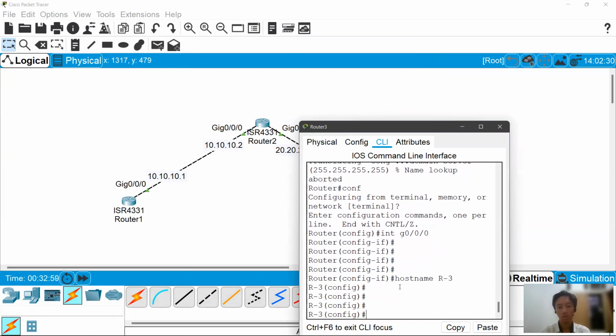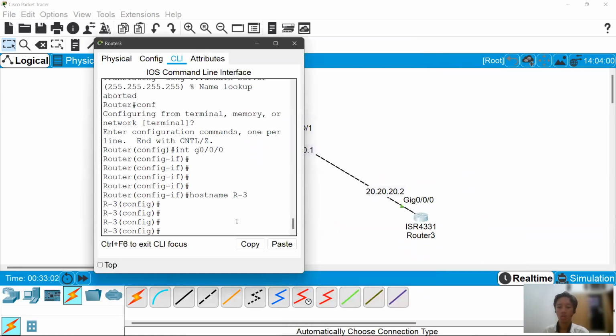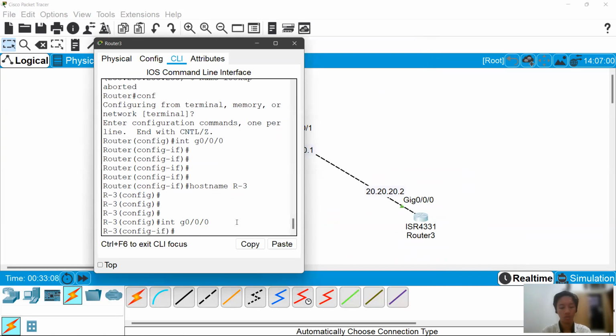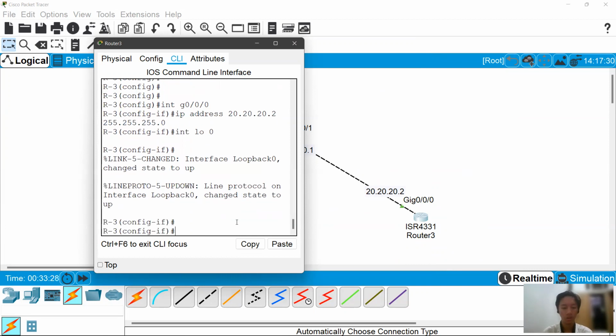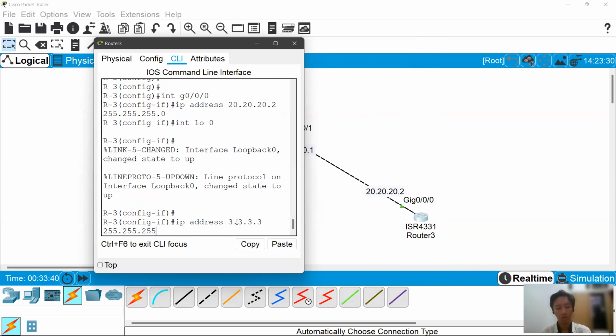Okay, in router 3 we configure the IP in interface G0/0/0 IP address 20.20.20.2, and don't forget to put the subnet mask, and don't forget to use the IP loopback to make it easier, and don't forget to put the IP address also 3.3.3.3 255.255.255.255.